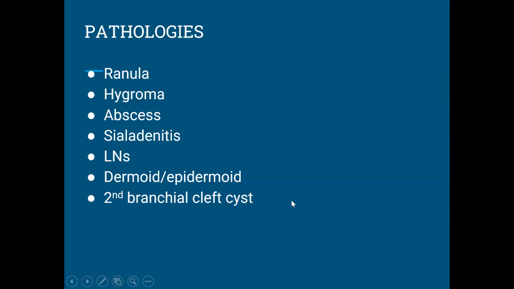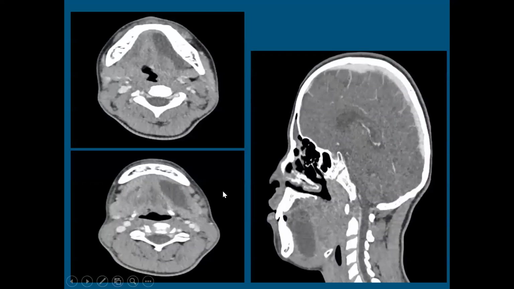And just the various pathologies in these sublingual and submandibular spaces, we can have granulomas, hygromas, abscess formations, sialadenitis, lymph nodes, dermoid epidermoid cysts, and second branchial cysts. Just axial and sagittal CT images. We can see this cystic lesion, these are the genioglossus.